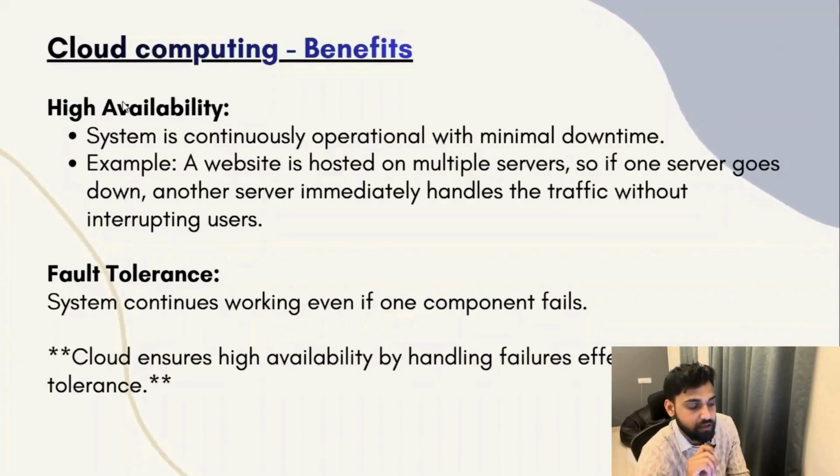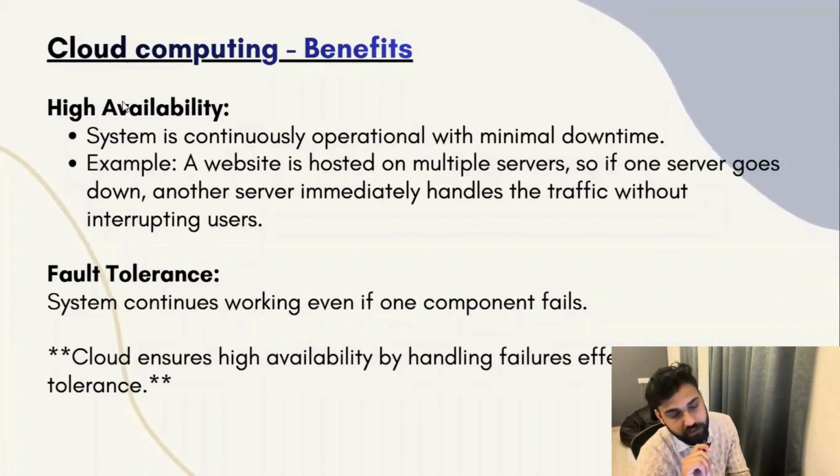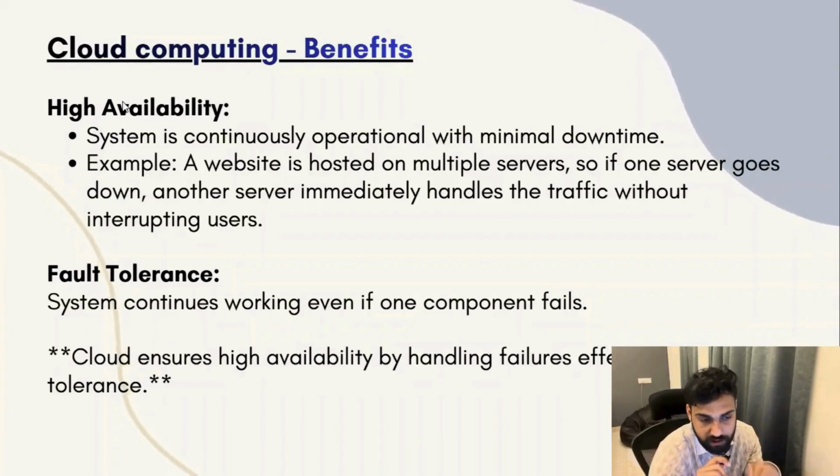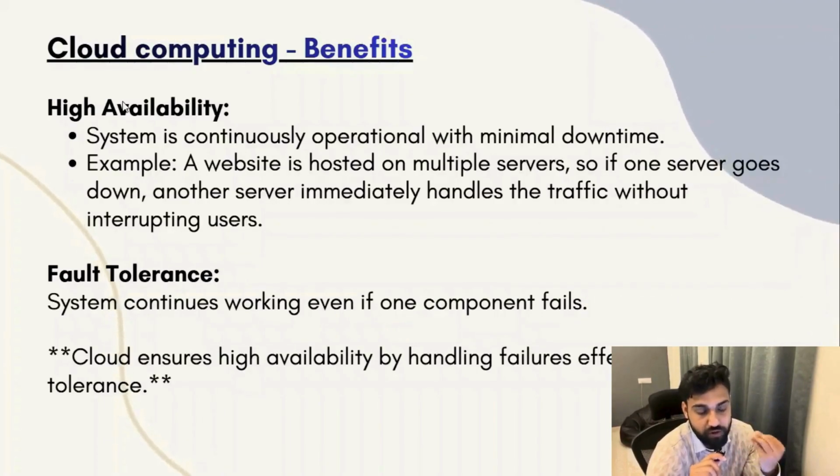When we are talking about high availability, we can understand it with one simple example. When you are creating physical servers, you have to ensure that your server will always be available 24/7.